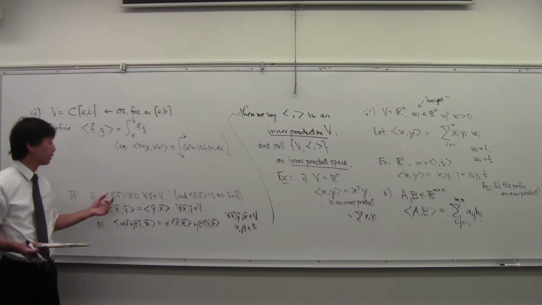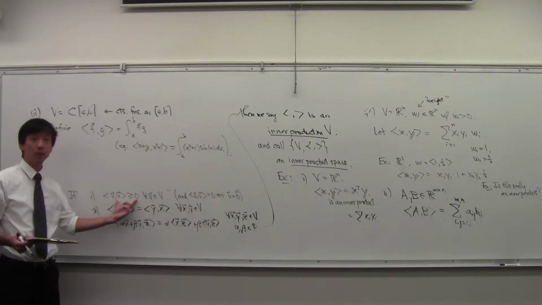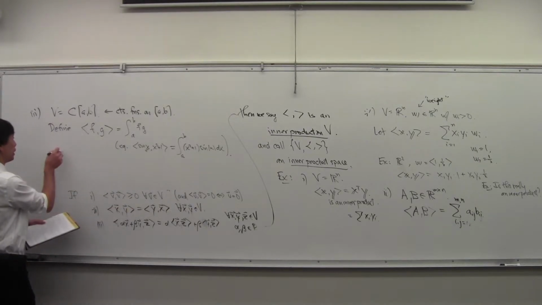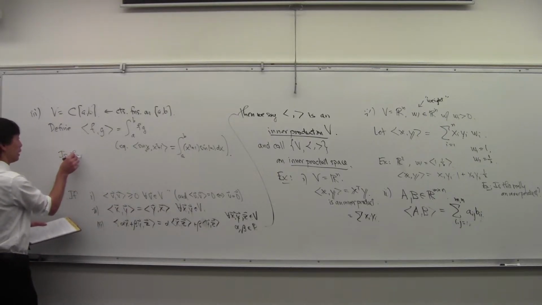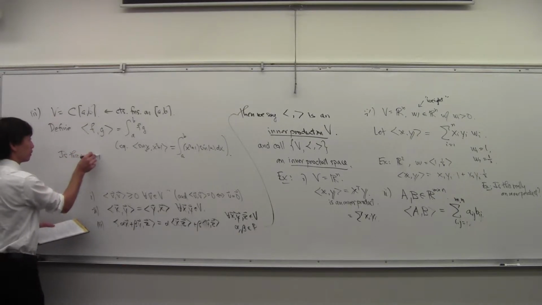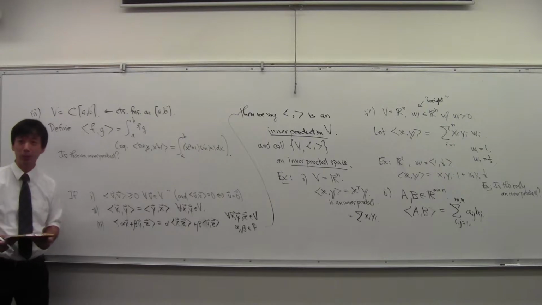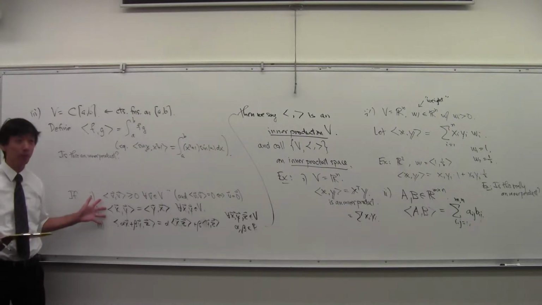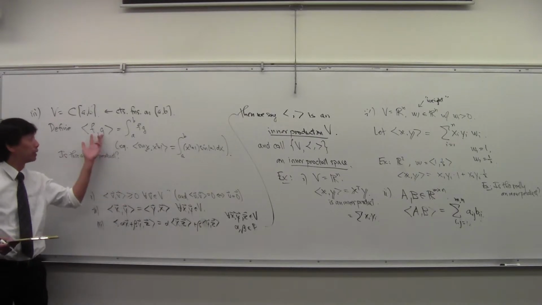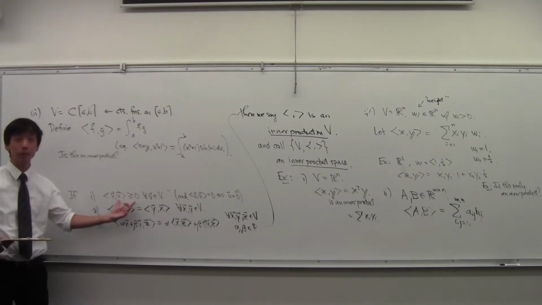First off, let's look at this first one. Is this an inner product? Well, to be an inner product, you have to satisfy the three properties. The inner product of a function against itself has to be greater than or equal to 0.